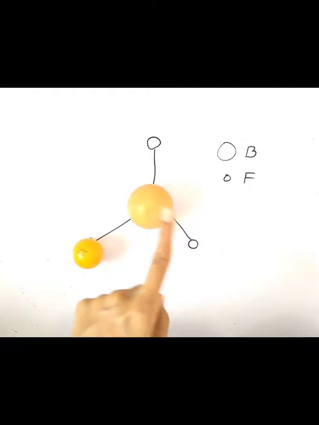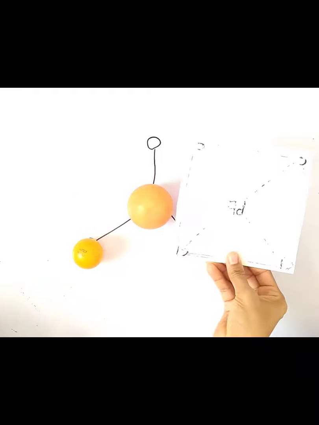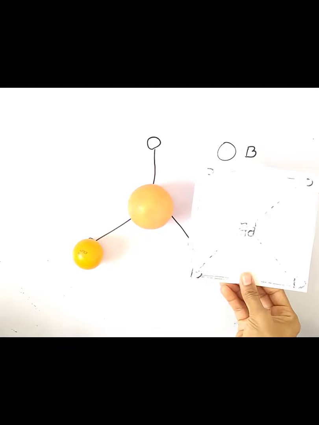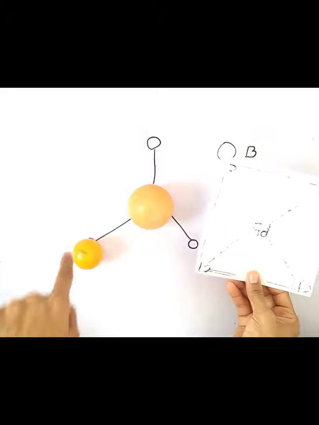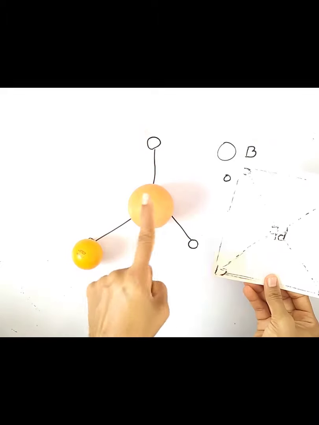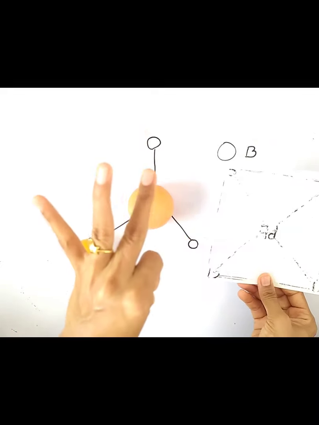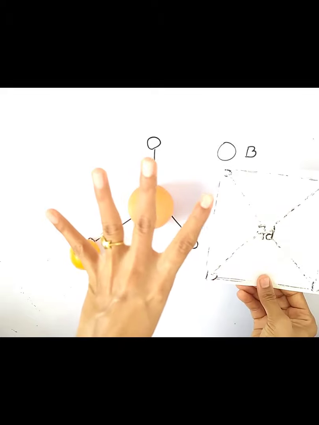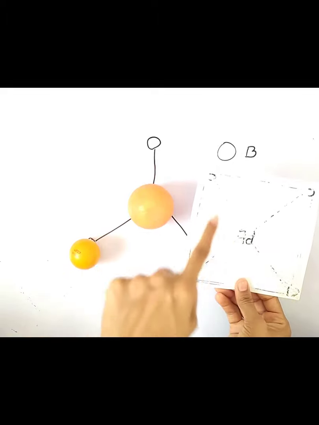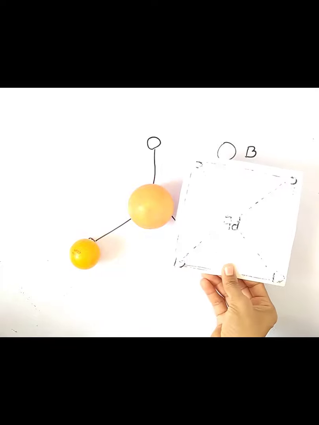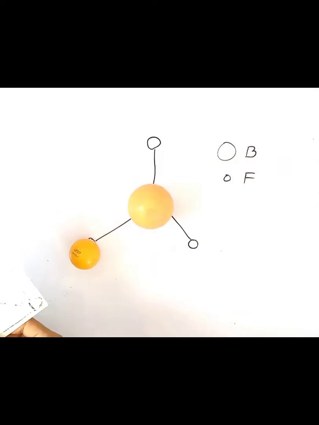The fourth plane that is present in this BF3 molecule is like this, which when you pass this plane, it cuts all the 4 atoms. Which 4 atoms? 1 boron atom and 3 fluorine atoms. This plane cuts all the 4 atoms into their own 2 equal halves.